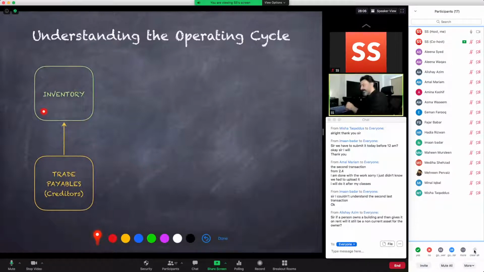Inventory is in green, representing your asset, and the orange segment over here is your obligation, because when you buy your inventory, obviously you owe this money back to your suppliers. But you're going to buy these goods mostly on credit. You can buy them on cash, paying instantly, but most businesses in trading operations prefer buying inventory on credit.